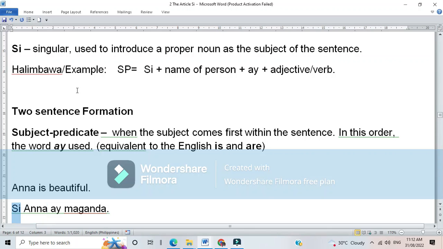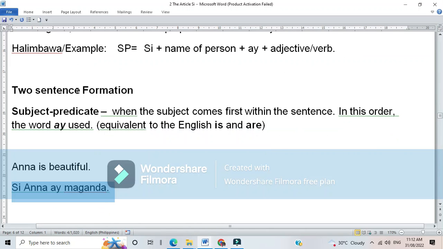We put si because we need to introduce Anna as the subject of the sentence. Later we will discuss more on this article si. So this is the subject, and you are required to use ay and then the predicate. Si Ana ay maganda. This sentence is in the subject predicate word order.